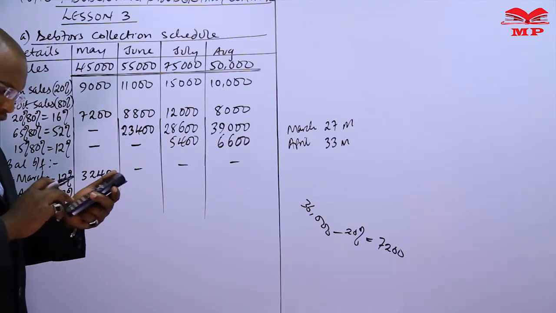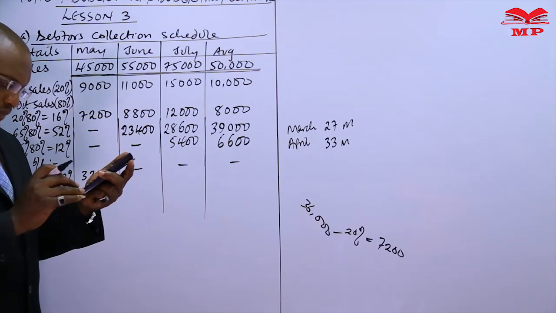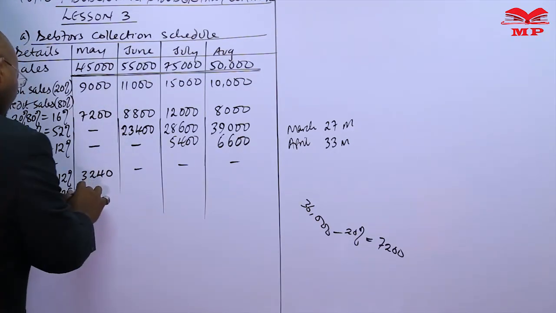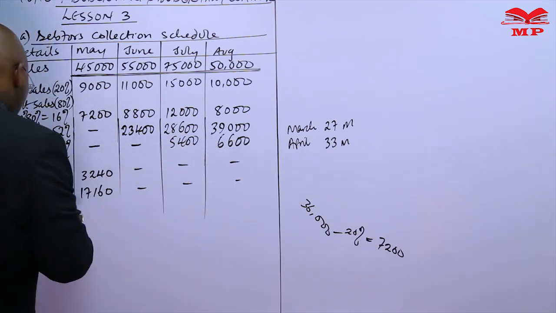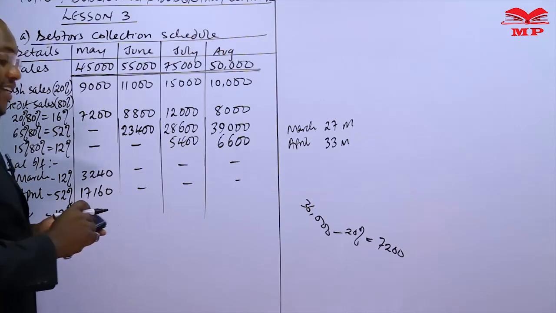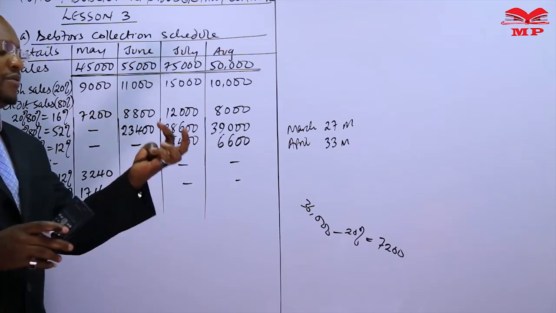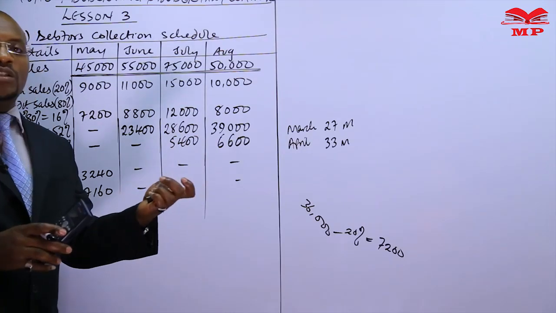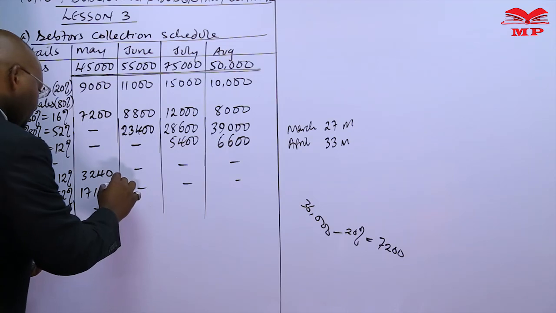So it is 0.52 of these 33,000, which is 17,160, while we have 12% still of April. That 12% is to be paid 2 months after, which is not in April, not in May. So it is going to be in June. So we're going to have it here in the month of June.